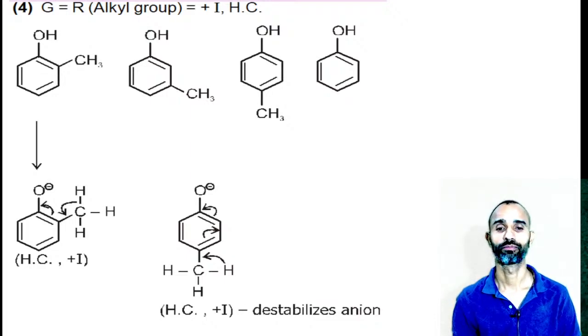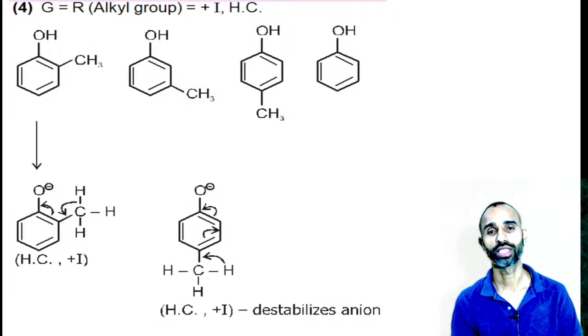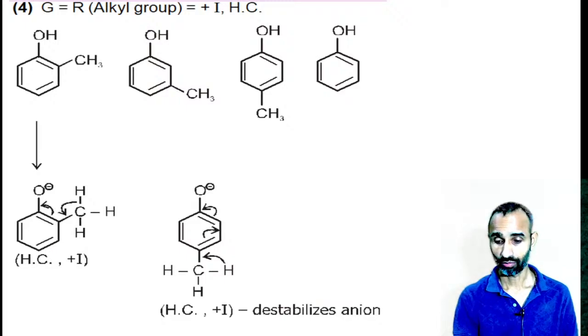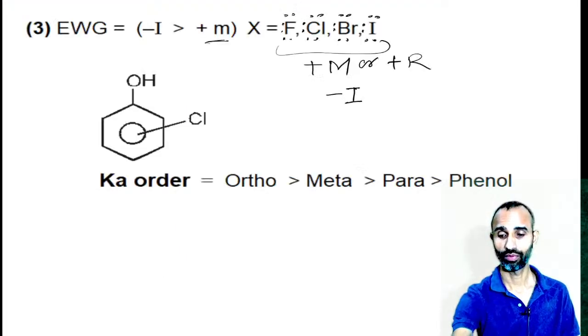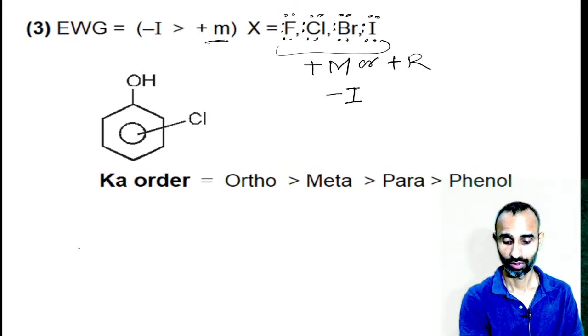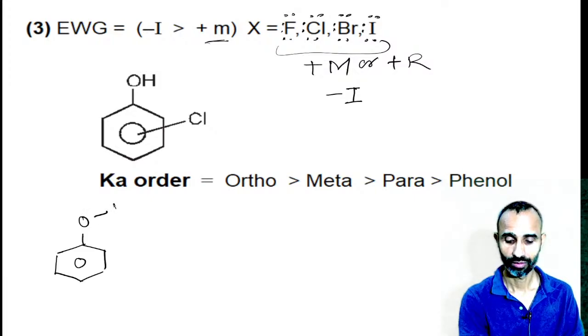Now CH3 at ortho. One thing to keep in mind, when we have a fluoro group, fluorine at ortho would form hydrogen bonding.